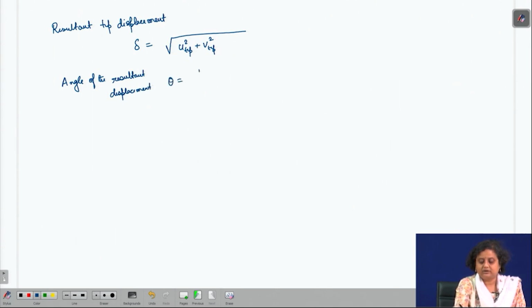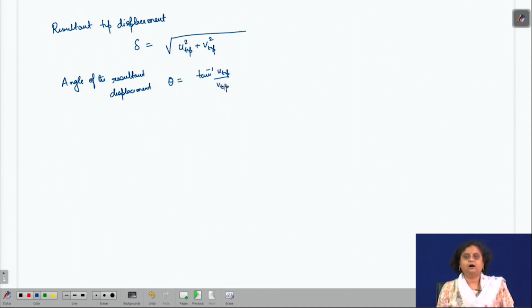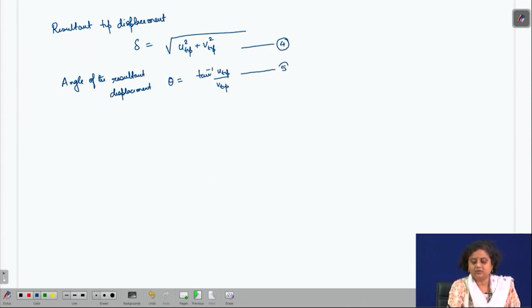Theta can actually be written as tan inverse of u tip by v tip, because u tip and v tip are in the perpendicular direction. By using this equation we can find out the resultant displacement, and by using this equation we can find out the angle of this resultant displacement with respect to the x axis.